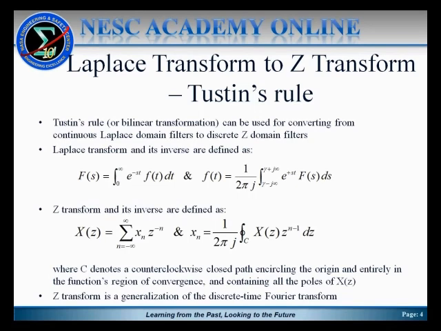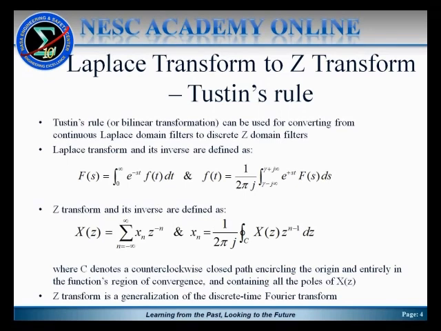Similarly, Z-transforms are defined mathematically as shown at the bottom of the slide, where transforming from a time sequence lowercase x of n to the Z-transform uppercase X of z is a summation from minus infinity to plus infinity of x of n z to the minus n.